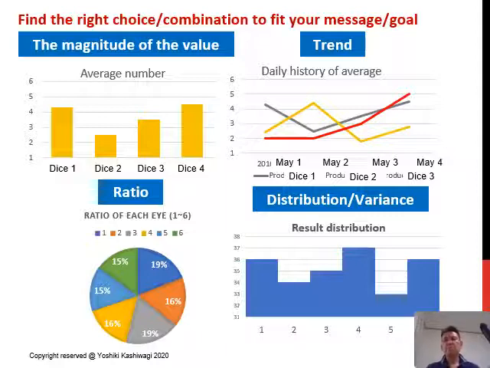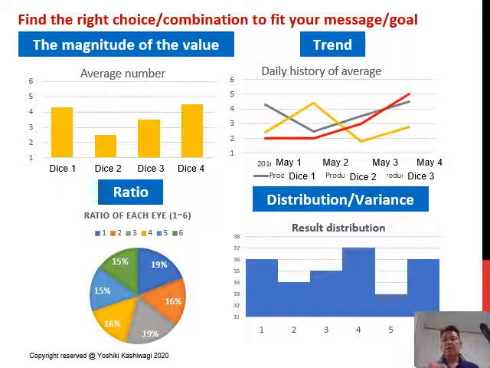So let's move on to the trend. Let's say you roll 3 dice in a consecutive way from May 1st to May 4th. This is the average. So you took the average on each day and show it with this trend chart, a bar chart, for each of the 3 dice.